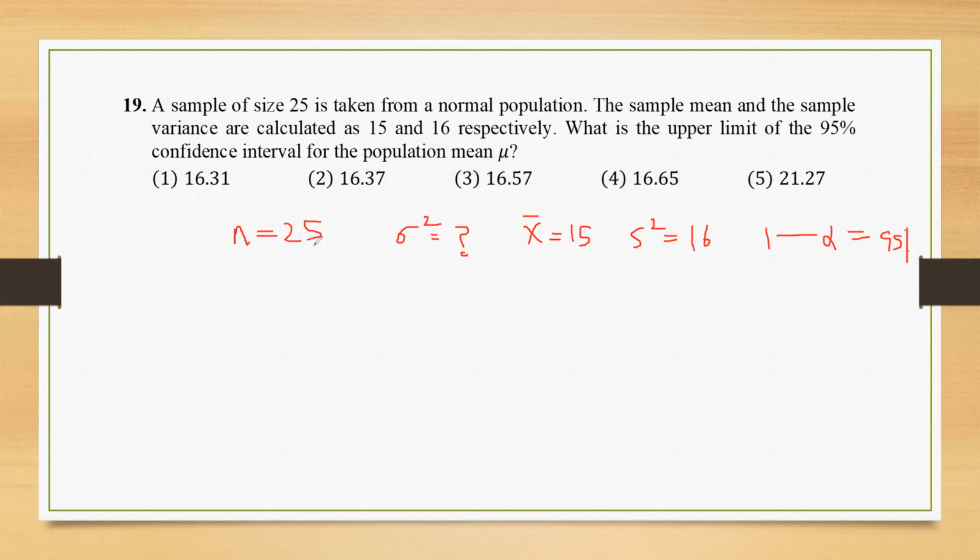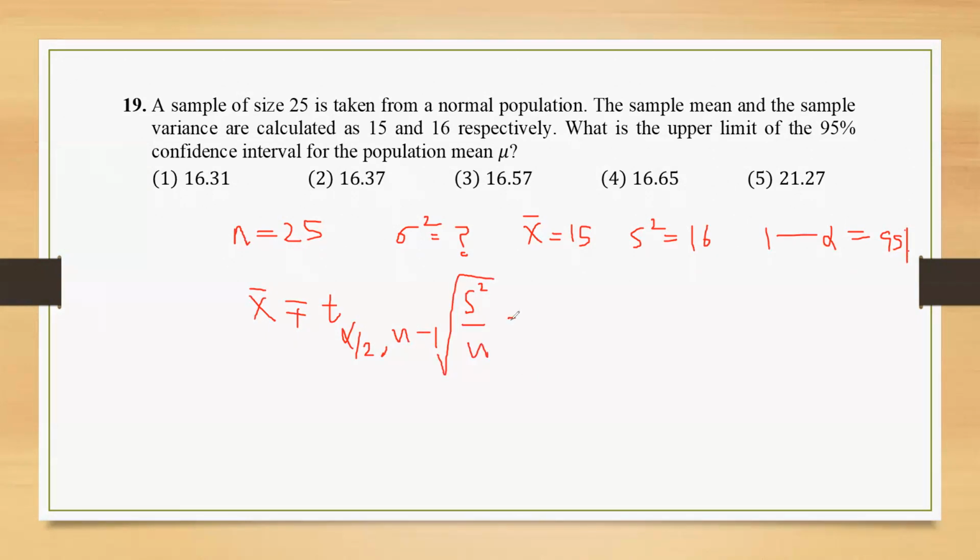So you take x bar plus or minus t with alpha divided by 2 and degrees of freedom n minus 1, times the square root of s squared divided by n.